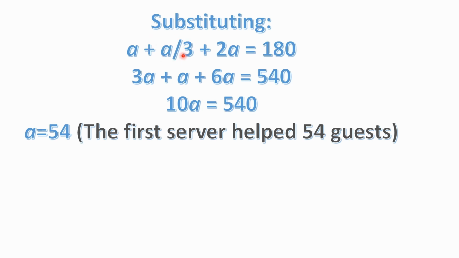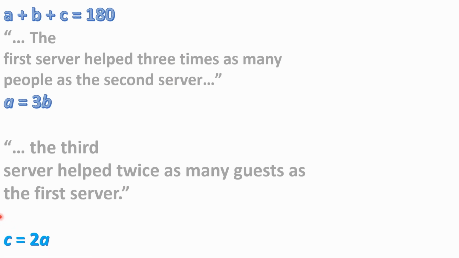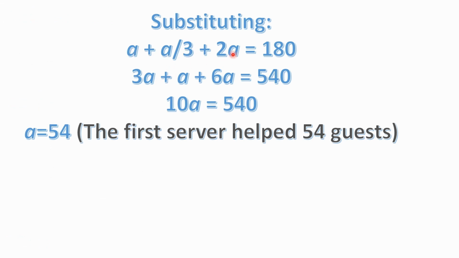And then we said before that C is equal to 2A. So all we're doing here is saying A plus B plus C, but we're representing B by A divided by 3, and C by 2A, and setting it all equal to 180.